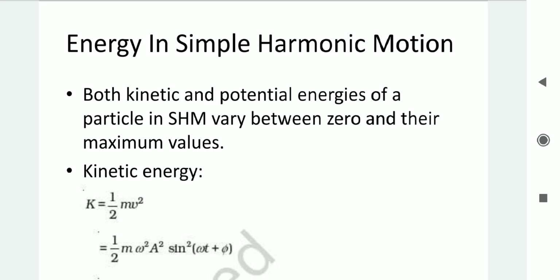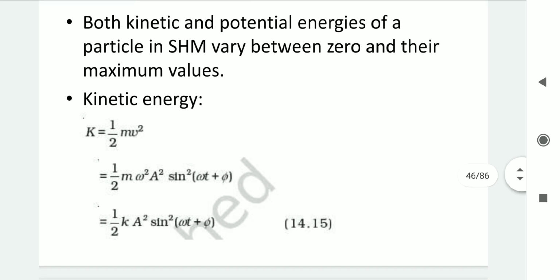Kinetic energy, first let us understand. We know its kinetic energy equation K equal to 1/2 mv square. V gives you the velocity of the particle or object. Earlier we have already derived the equation for velocity, that v equal to minus omega A sin(omega t plus phi). Let us substitute the value of velocity over here.